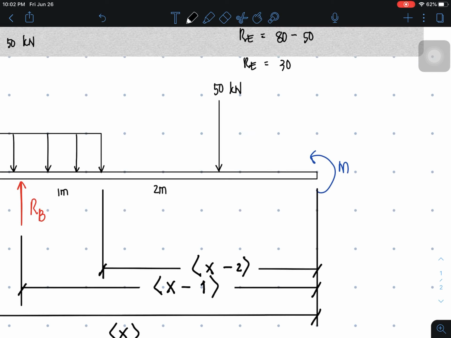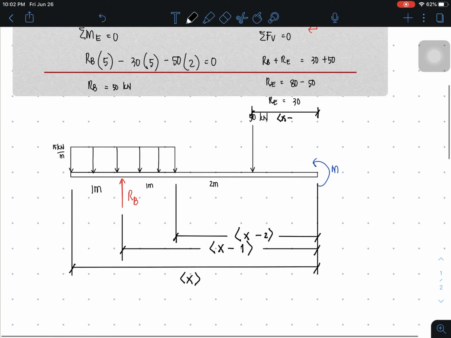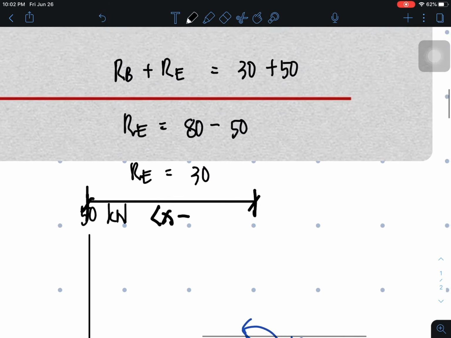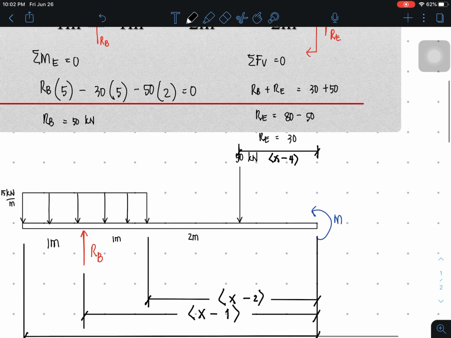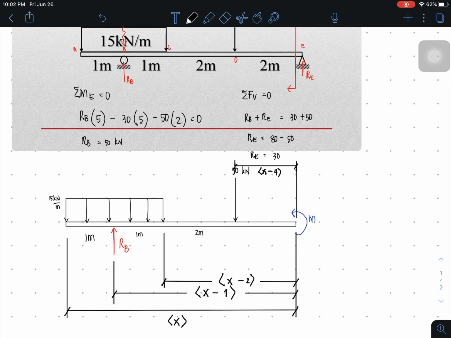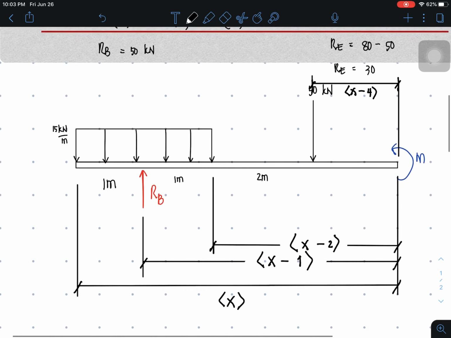Diri, this is x minus pila man? 2, 1, and 1, diba? So that's 4, x minus 4. Na, so mao na yung distance diha. That's x minus 4.